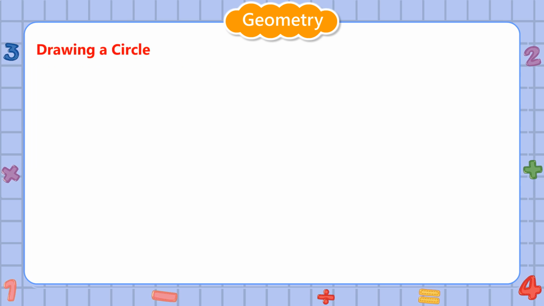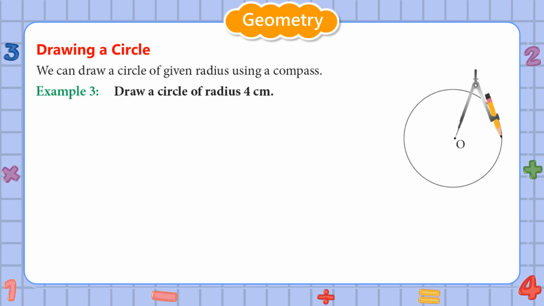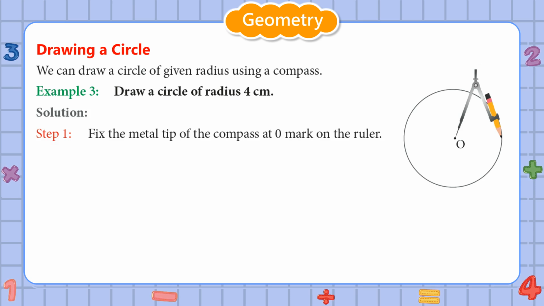Drawing a circle. We can draw a circle of given radius using a compass. Example 3. Draw a circle of radius 4 cm. Solution. Step 1. Fix the metal tip of the compass at 0 mark on the ruler. Step 2. Open out the compass to measure 4 cm on the ruler.